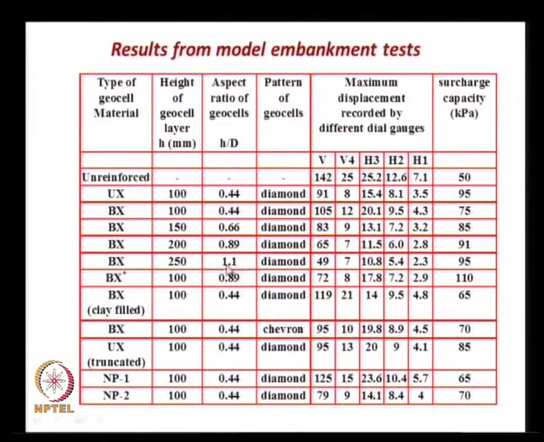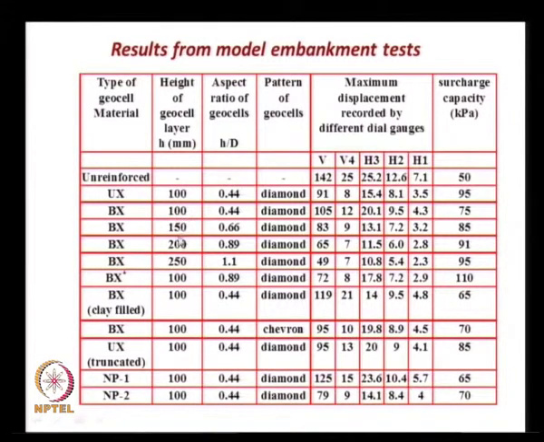So, for BX of about 1.1, the surcharge capacity was 95, and for one case where the aspect ratio was about 0.9, the surcharge capacity increased to 110.